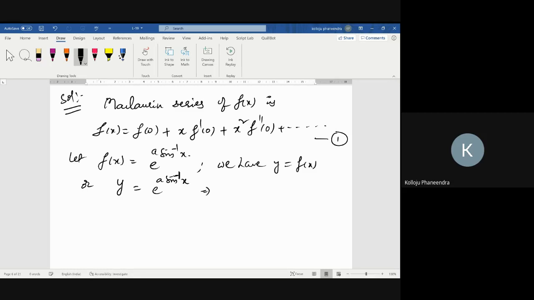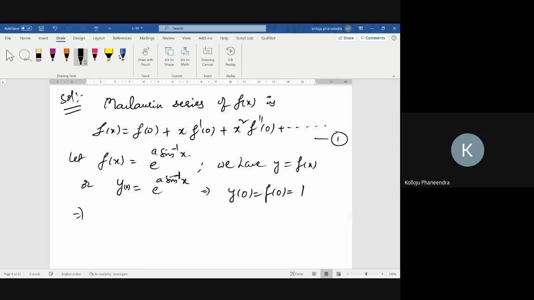First, write y of 0. Y of 0 is nothing but f of 0, this value is 1.